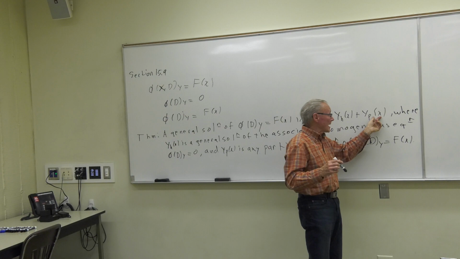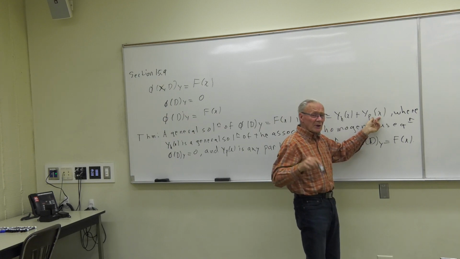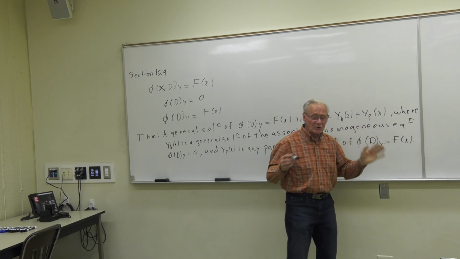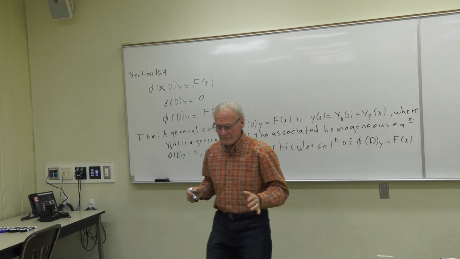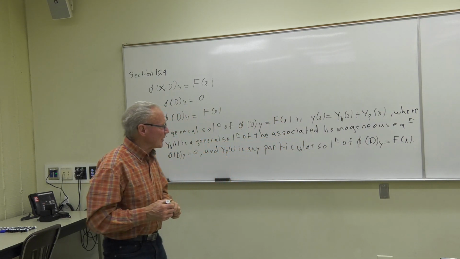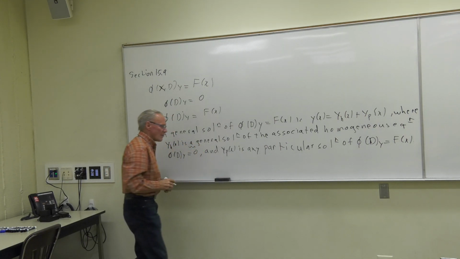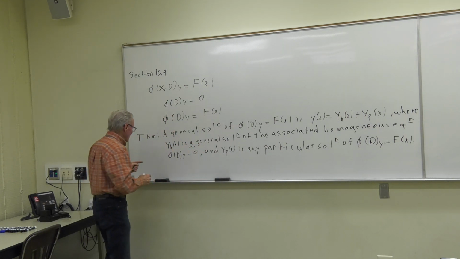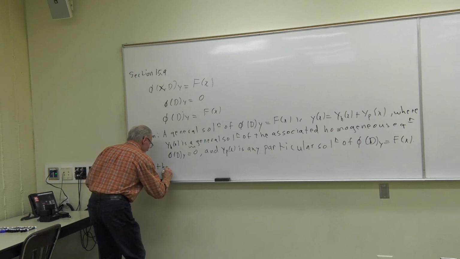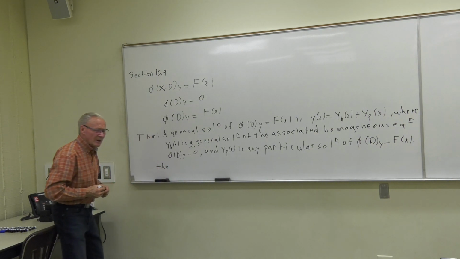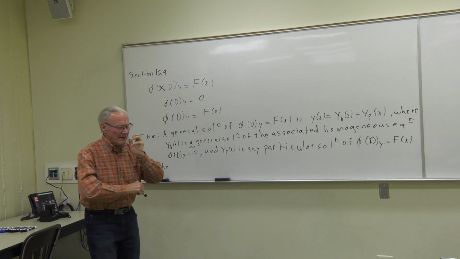Particular solution means, again, no arbitrary constants in it. Any solution will do. I thought of something when I was writing this down, is a general solution. I've seen many books replace that with the word the. And I really, really don't like that.